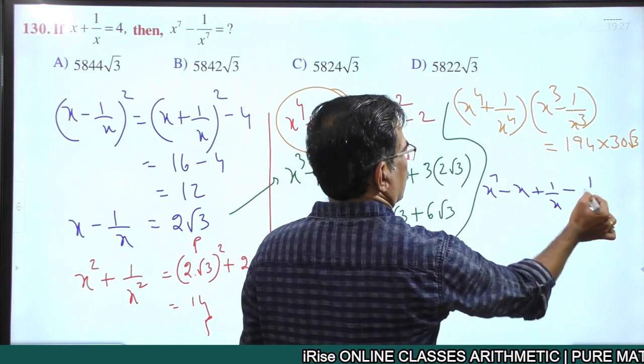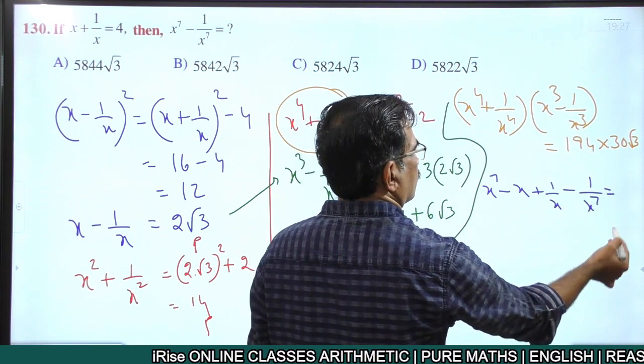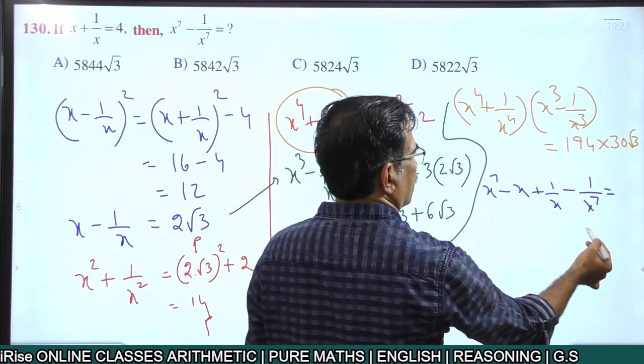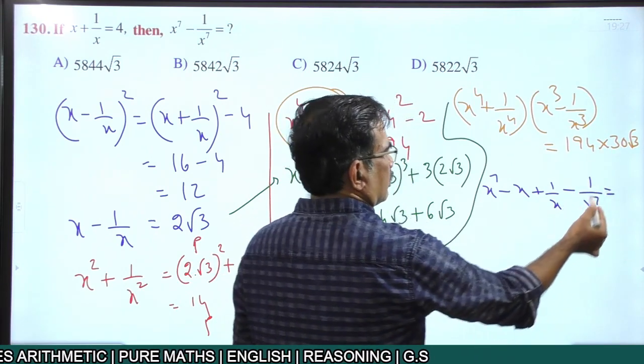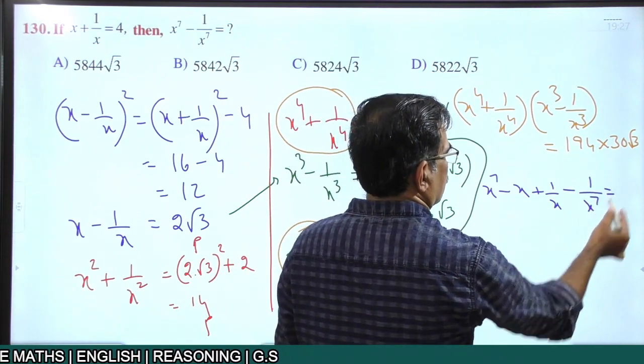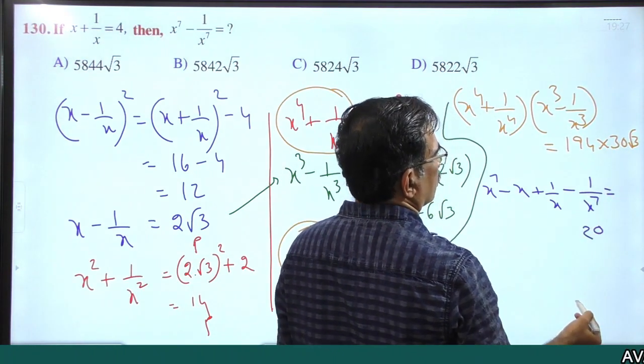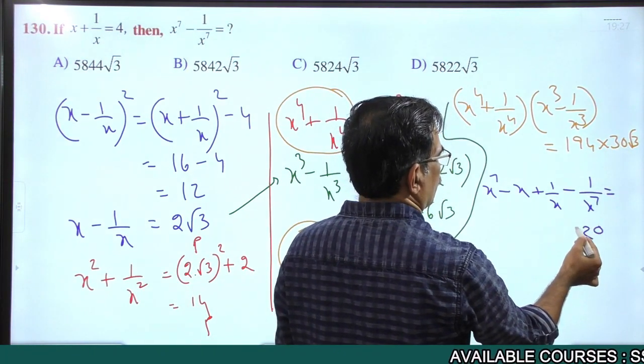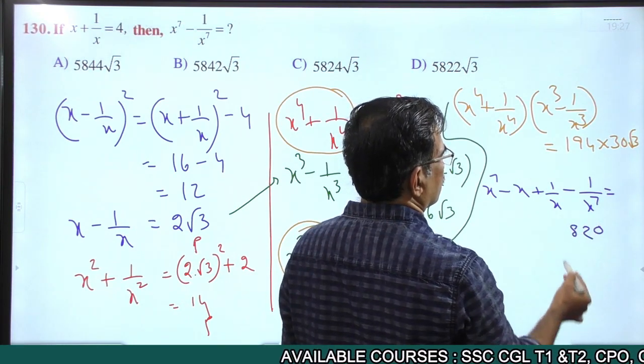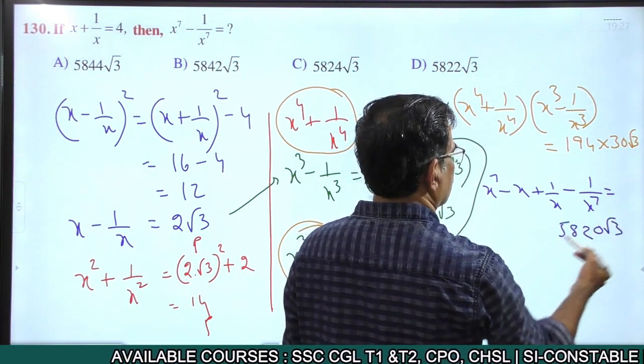This into this, minus 1 by x power 7. The total product is 0, 3 4s 12, 3 9s 27 plus 1, 28, 5 root 3.